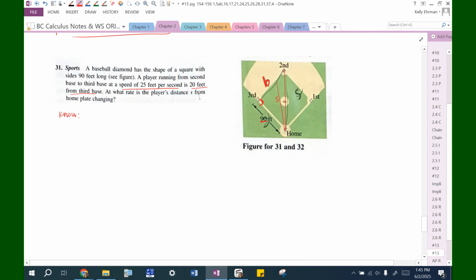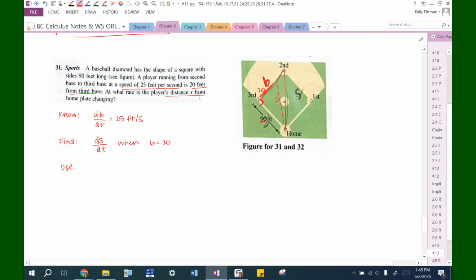They just told me the player is running at a speed, so I'm going to call that dB/dt. This path, the player is running here, so this path has a speed of 25 feet per second. They want me to find the rate at which the player's distance S from home plate is changing. So find dS/dt when we're 20 feet from third base. So when B is equal to 20, this little distance here is 20.